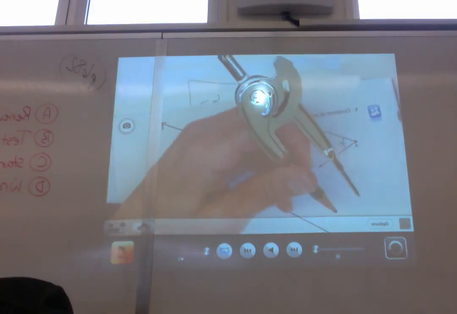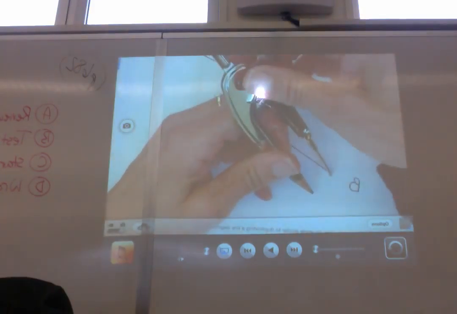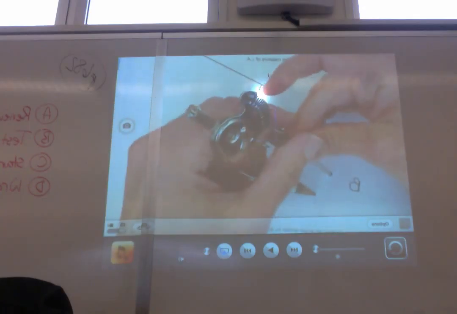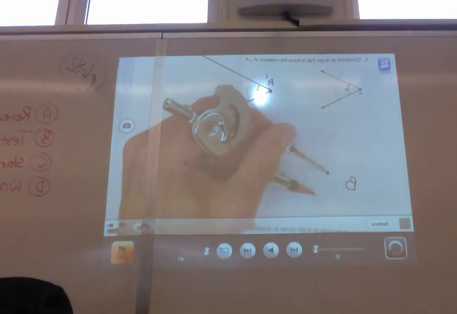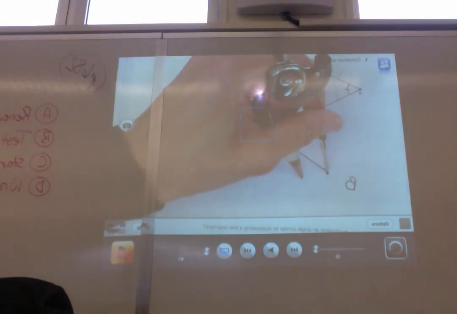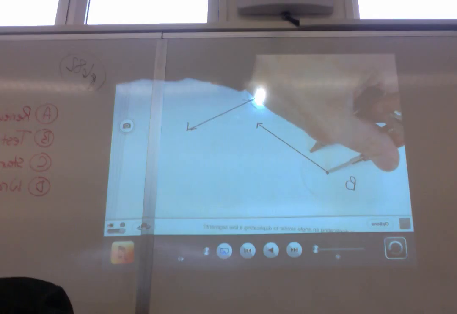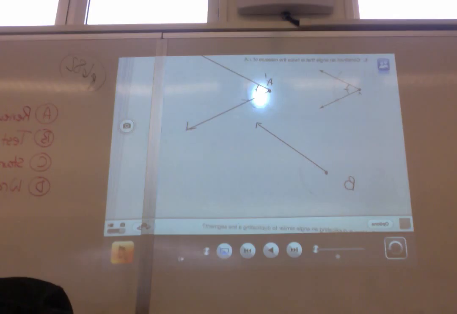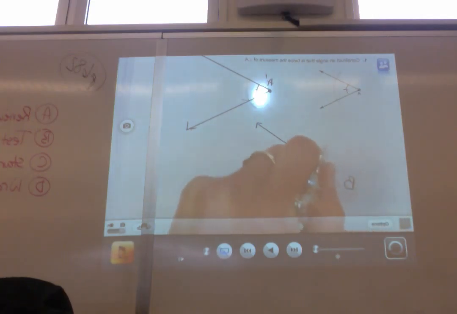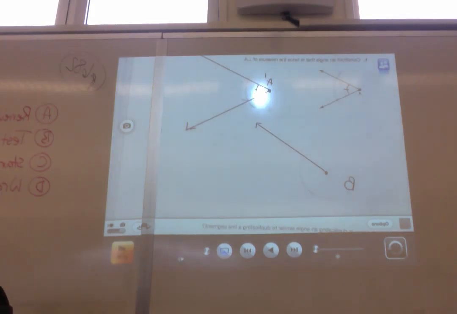Bring your compass on down to B. And carefully make a large-ish arc from down pretty low up to the top, because we're going to make a double-sized angle, or one that's twice as big. It's hard to tell how much of this arc we're going to need. Can you see that, or is that too faint? I can see it. And I'm blind.